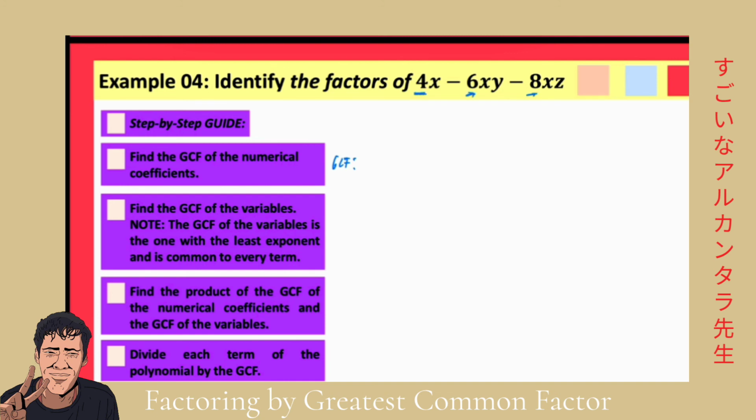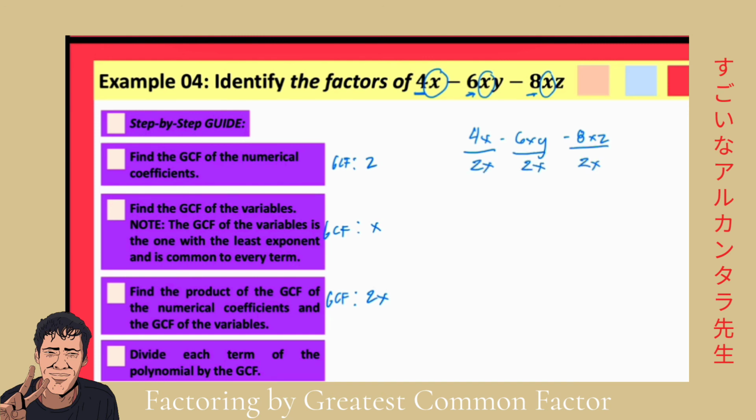The GCF for this one is 2. And in terms of the variables, they all have x. So therefore, the GCF that we're going to use is 2x. We have to divide 4x minus 6xy minus 8xz all by 2x.